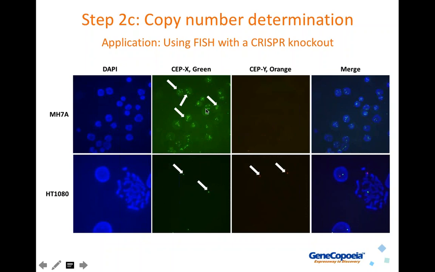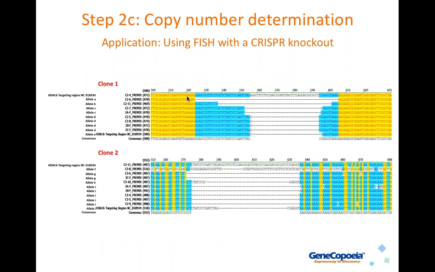But the most important result here is the fact that we discovered that this cell line has 5 copies of the X chromosome, and knowing this information was very helpful for us in carrying out this project, as you will see shortly. And here's why.